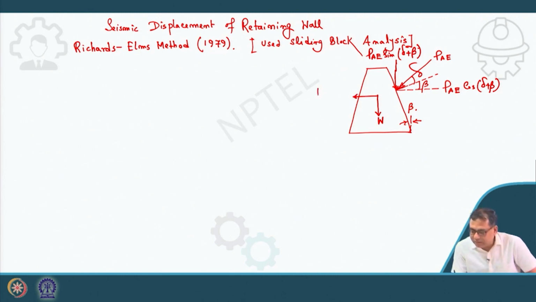So, that is again FH, which is KH into W, but the vertical component is being neglected. Now here also there will be F or T, and this force will be N.